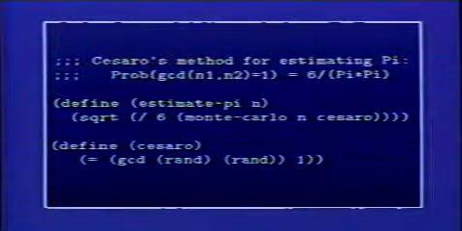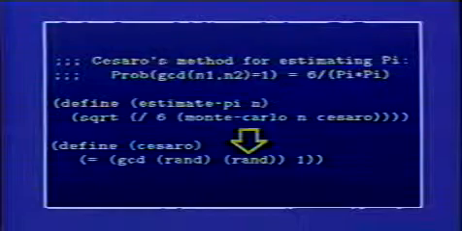But going back to here, let's look at this slide. We can use Cesaro's method for estimating pi with n trials by taking the square root of 6 over a Monte Carlo experiment with n trials using Cesaro's experiment, where Cesaro's experiment is the test of whether the GCD of two random numbers is equal to 1. You can see that I've already got some assignments in here just by what I wrote.